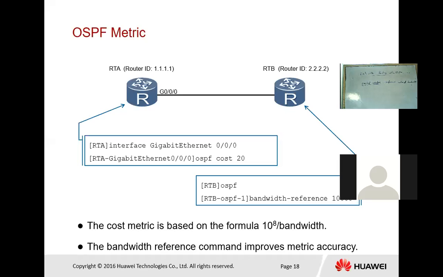The reference value of bandwidth is configurable, and the default is 100 Mbps.